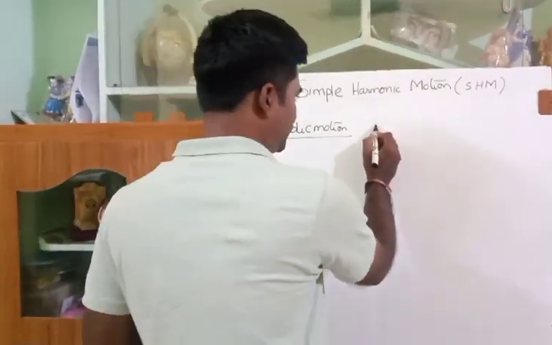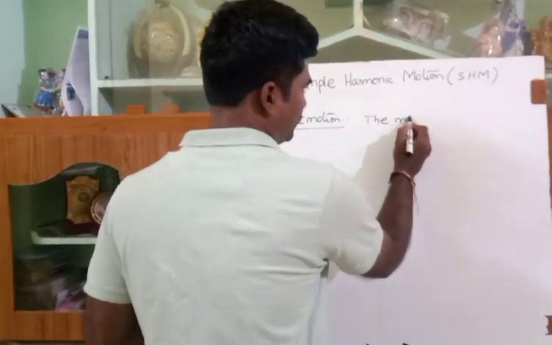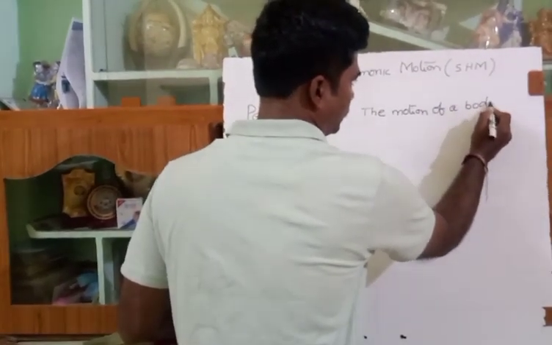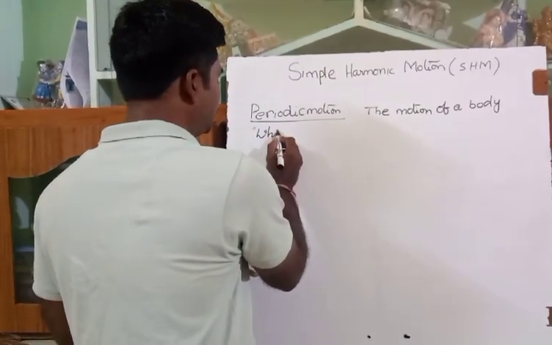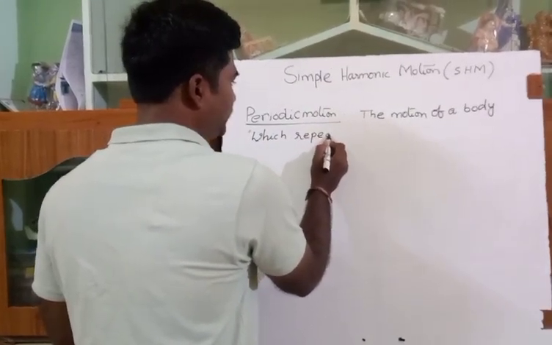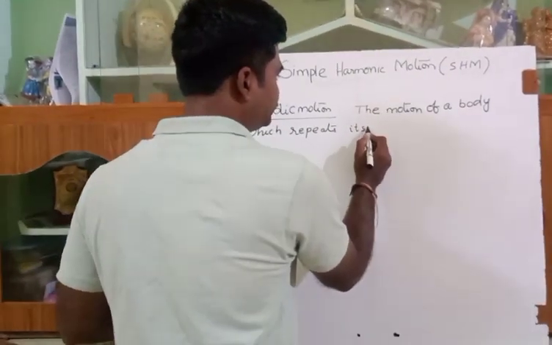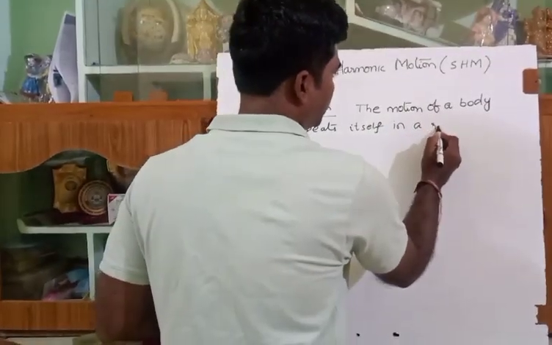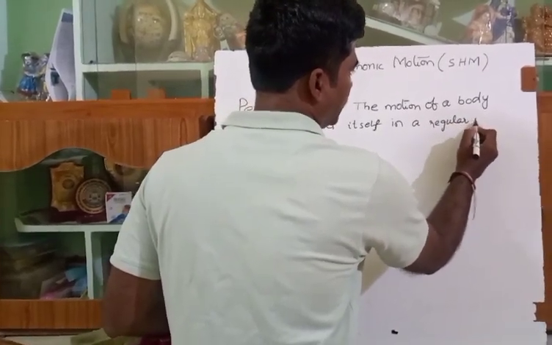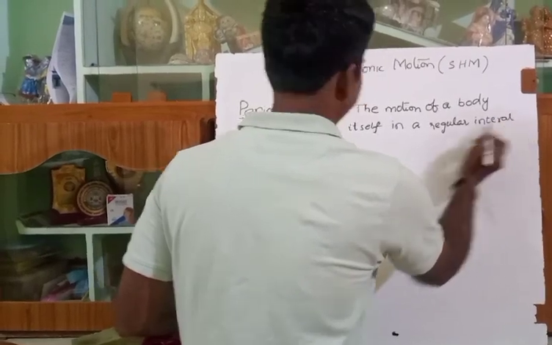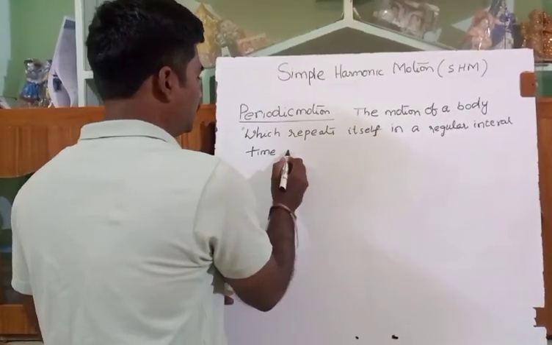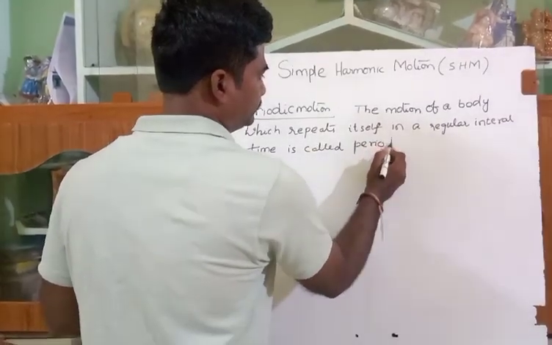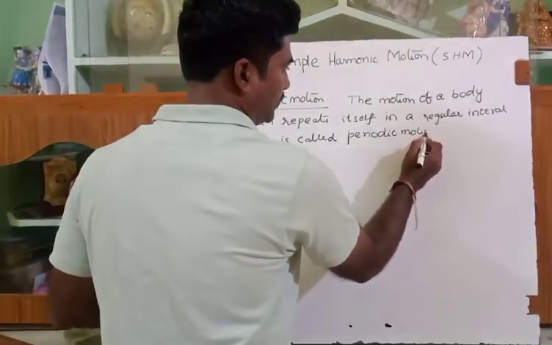The motion of a body which repeats itself in a regular interval of time is called periodic motion.